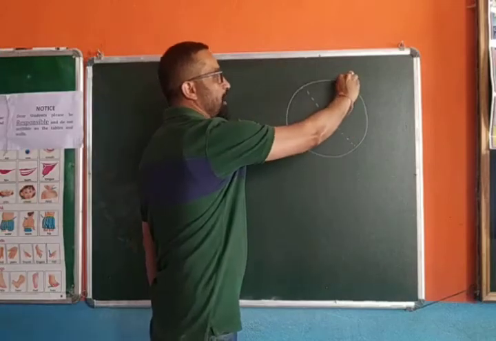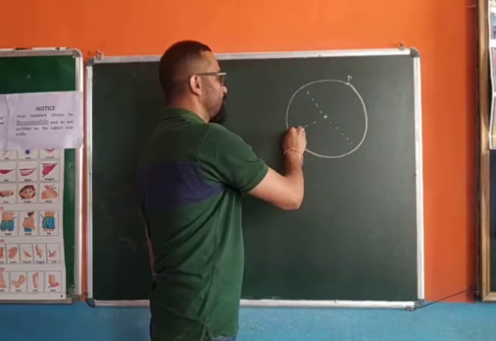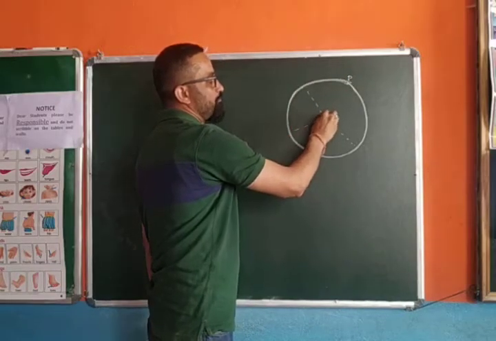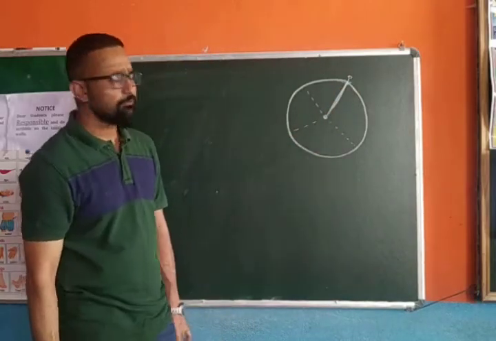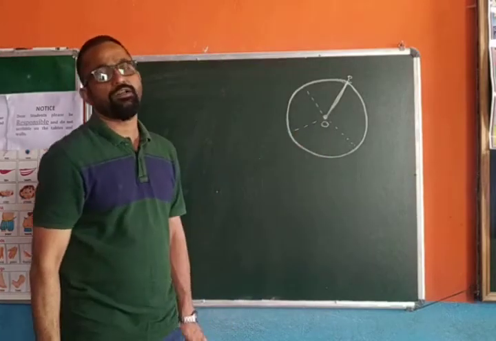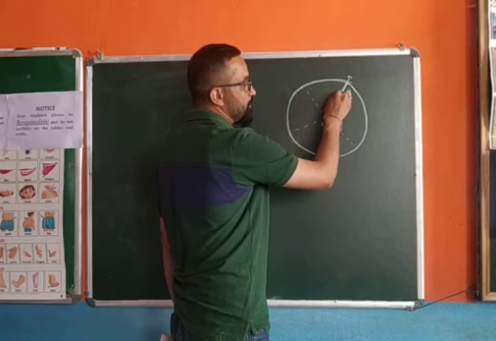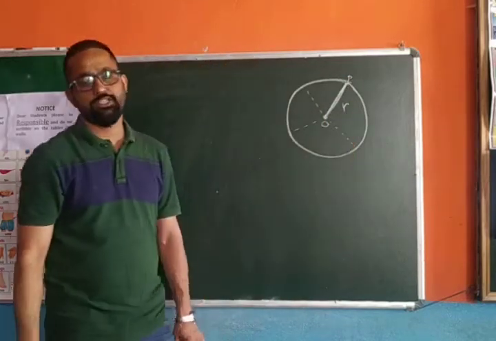It is the path of a point in a plane which moves such that the distance from the fixed point always remains constant. This fixed point is taken as the center of the circle, and the distance between the center and the point is called radius.